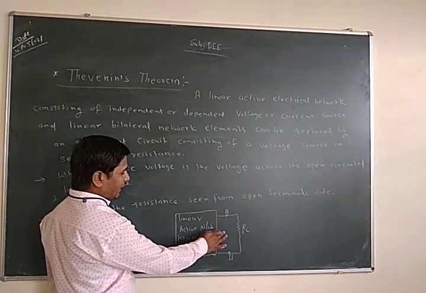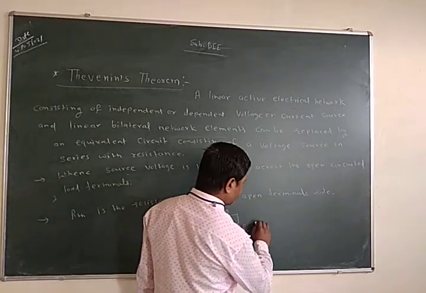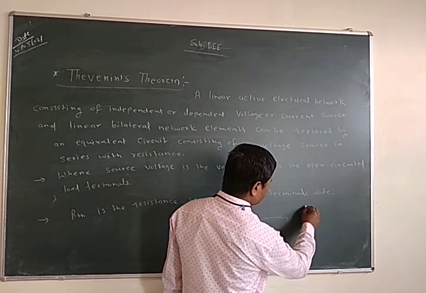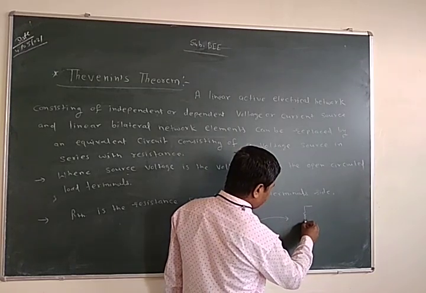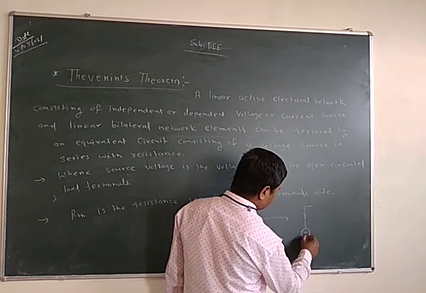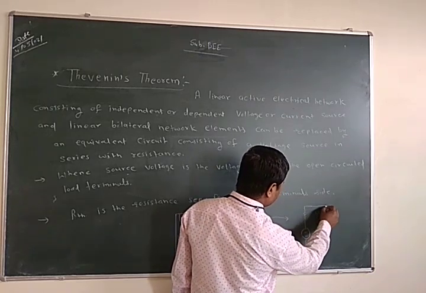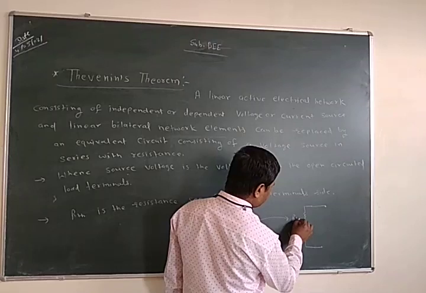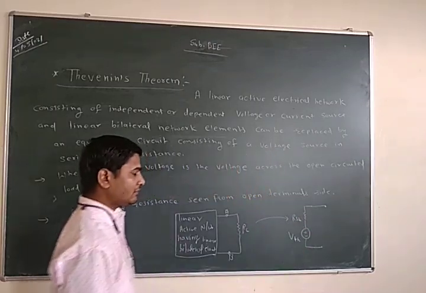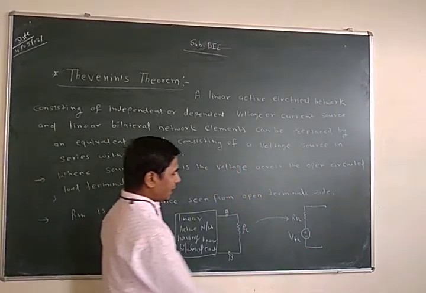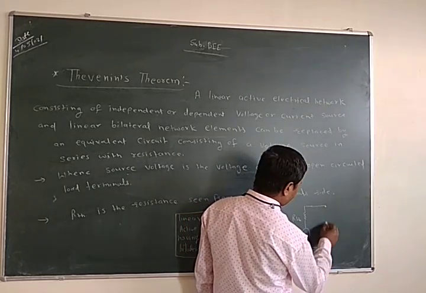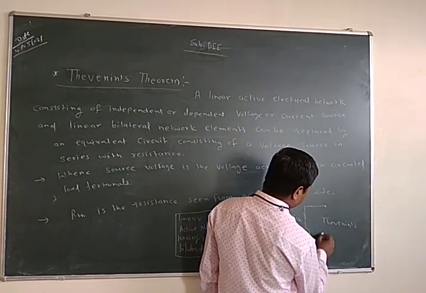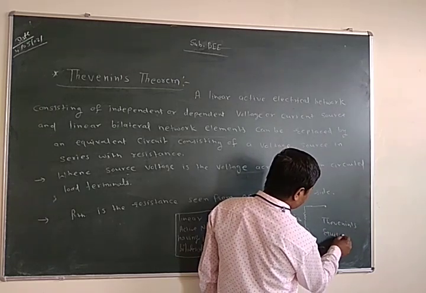This type of network is replaced by a simple network which consists of a voltage source, that is VTH, with a series resistance, that is RTH. So this is the Thevenin equivalent circuit.